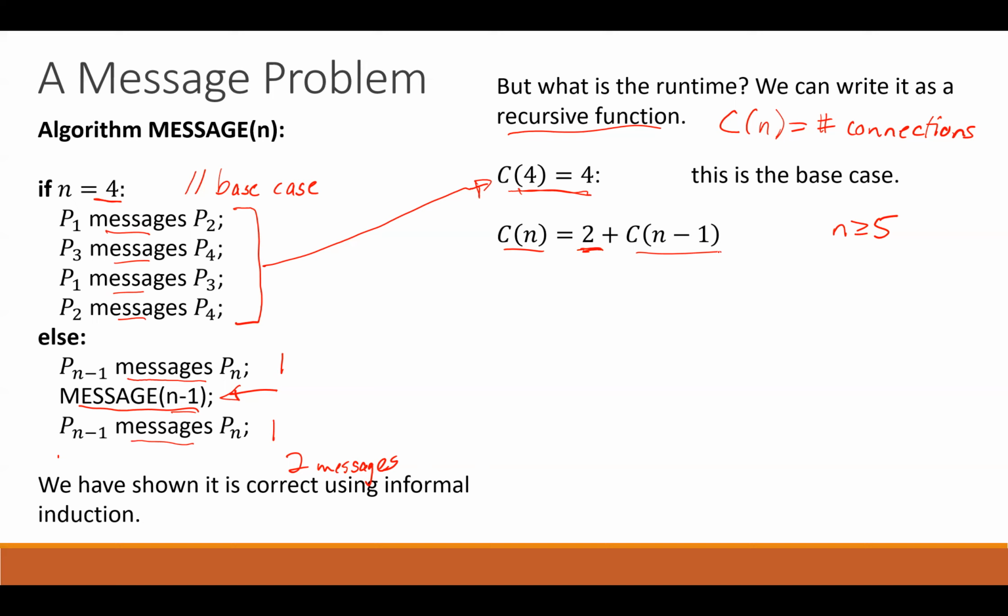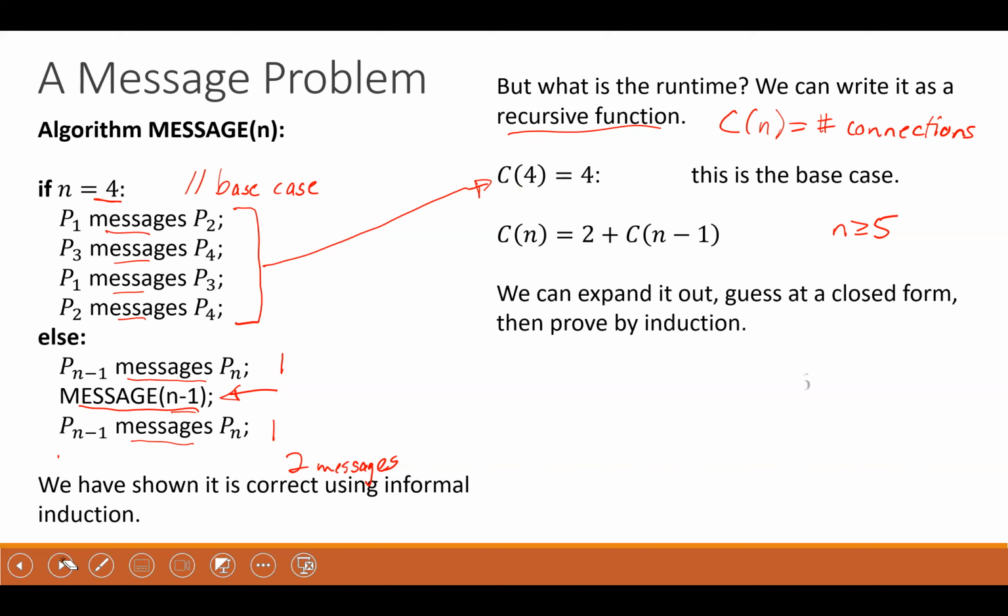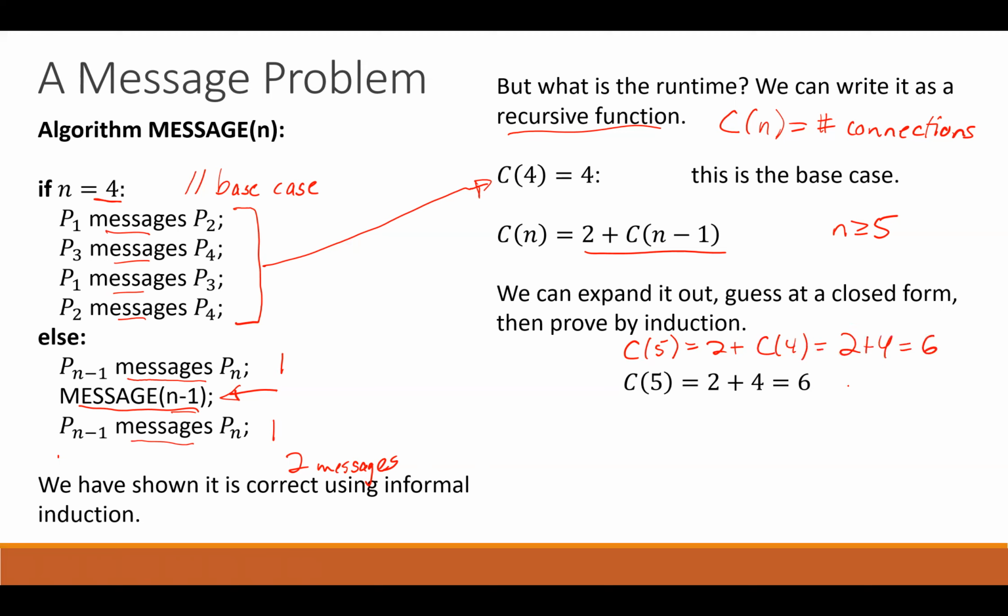Okay, so a recursive function. Now we're back to where we know exactly what we're doing. So what we're going to do is simply plug in some values, find a pattern, guess at a closed form, and prove it using induction. So we expand it out. C5 is equal to, I just plug my values in here, 2 plus C4, which equals 2 plus 4 equals 6.